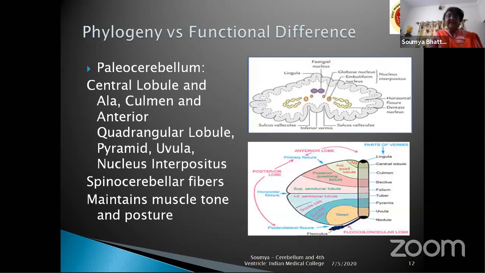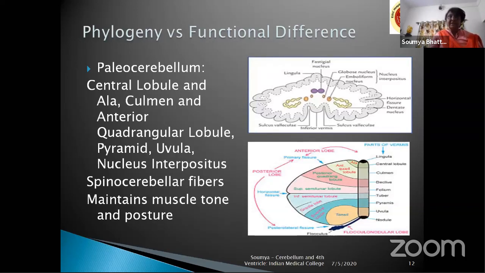Similarly, in the second slide, you can see the paleocerebellum. That means we can now stand, we can maintain our posture, and we can maintain our muscle tone. This is a very important motor function. And this is done through the spinocerebellar fibers.